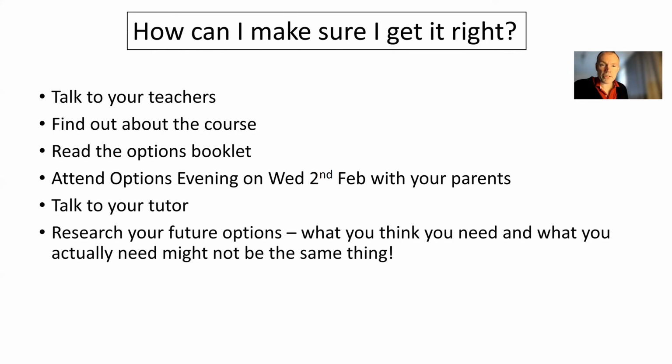So really do your research, as there are a few misconceptions out there about what you need. Generally you can find your way through just by Googling and looking at the prospectuses for BCon and QMC, which are online. You can have a look at what you might want to do next and see what you need to do it. Generally, it's about getting grade 5s and above rather than what subjects.